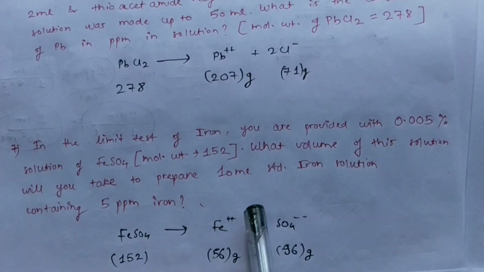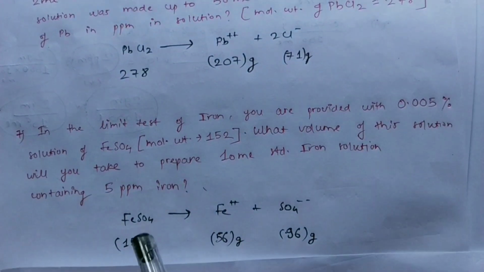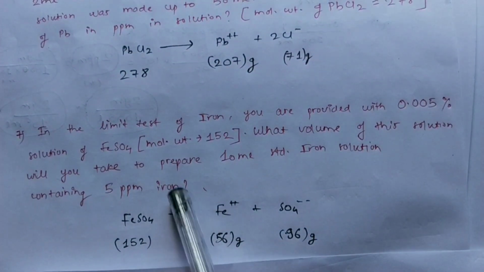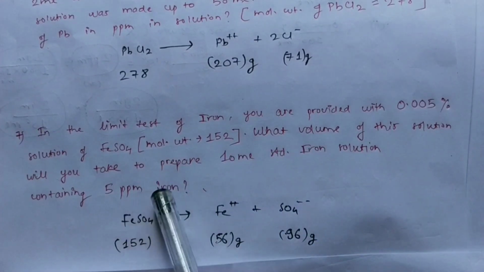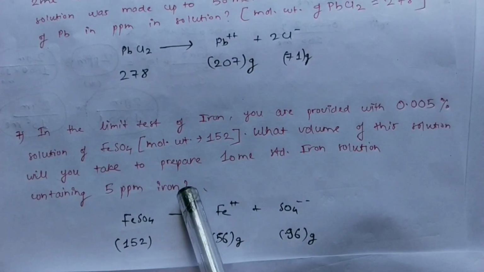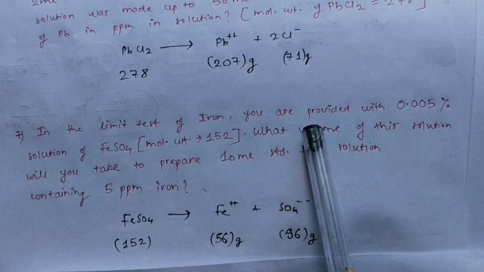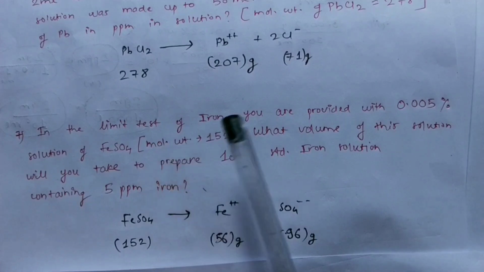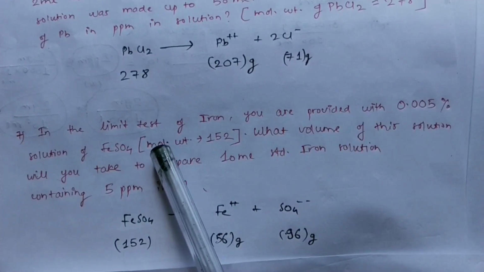With this, you will get how much gram of ferrous sulfate is required to prepare 10 ml of solution containing 5 parts per million iron. But the question is not asking about the gram of ferrous sulfate required. It is asking about the volume of the ferrous sulfate solution required.